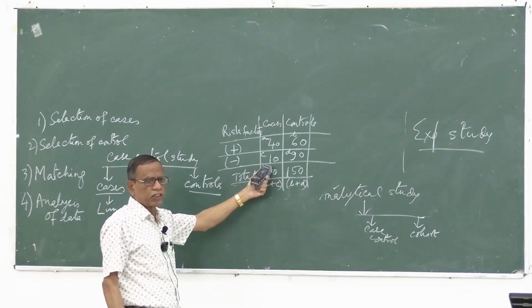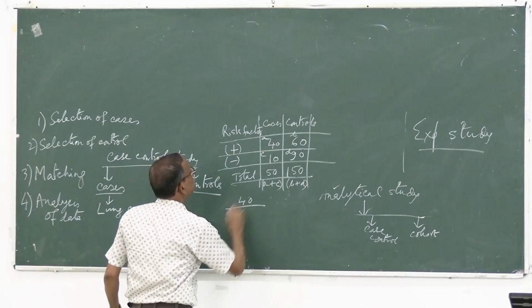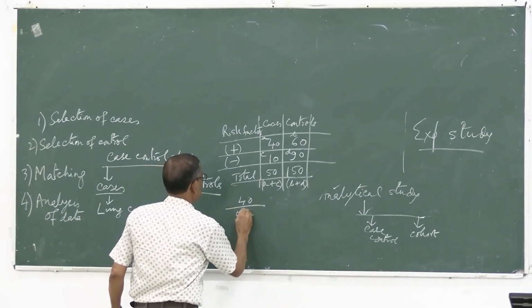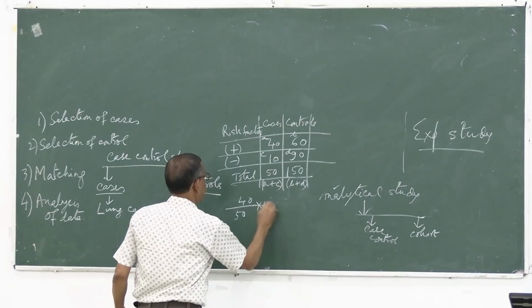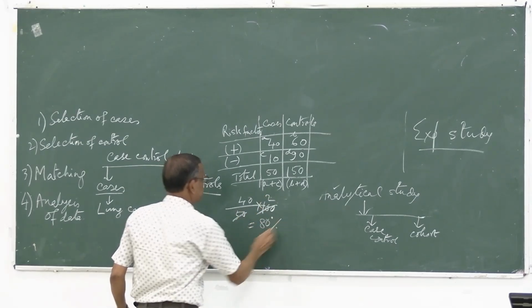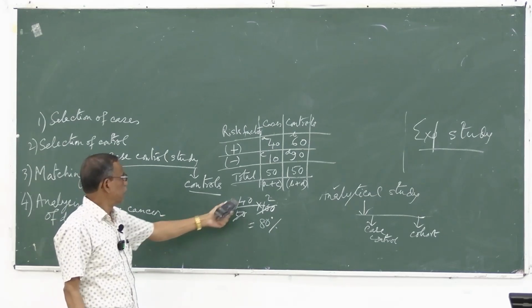What is the frequency of exposure among the cases? 40 by 50 into 100, 80%. It is expressed in percentage form. Clear?